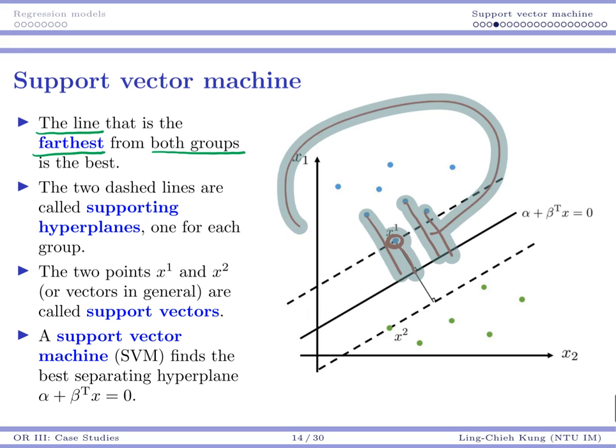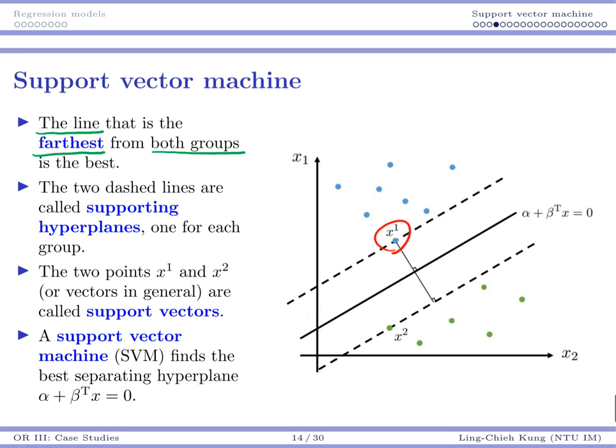And for each group, there will be a point that is closest to the line we propose. Then there is a distance. From the other set, there is also a point that is the closest. So for all the points, there is a distance to the line, and we want to maximize that minimum distance.